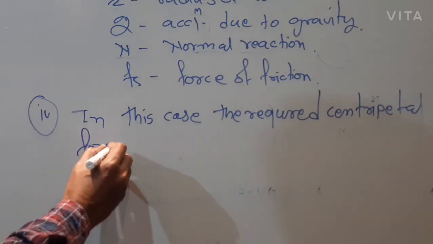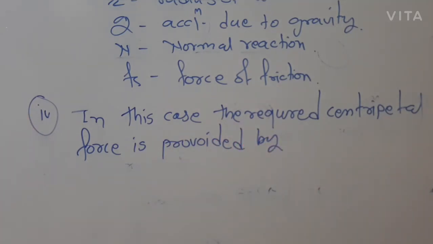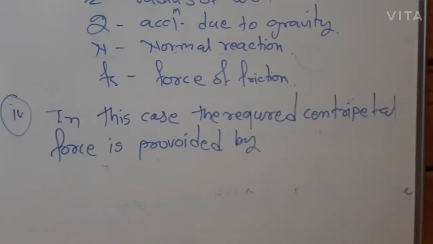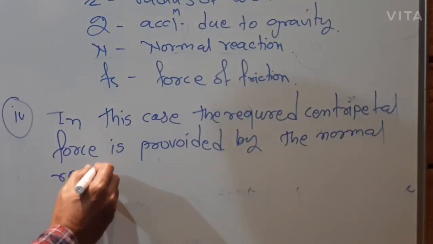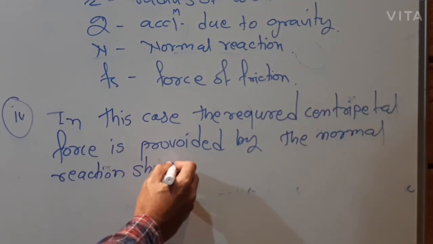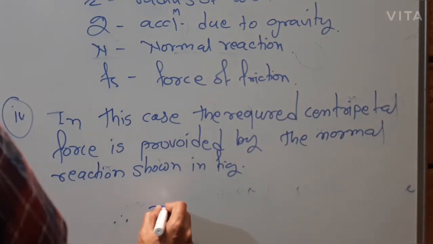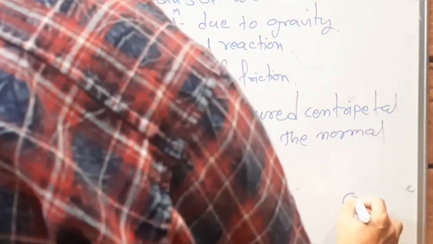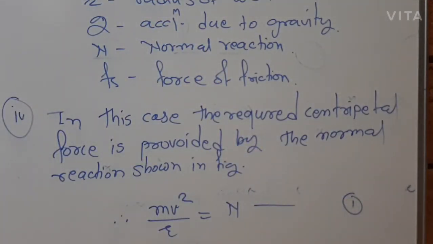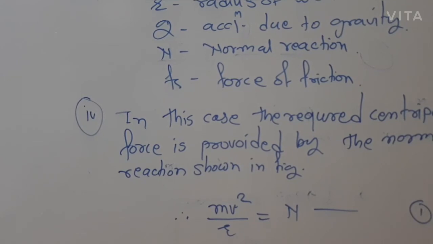And therefore we are able to form an equation: mv square upon r is equal to the normal reaction N. As already stated, this equation 1 is formed by using a diagram.